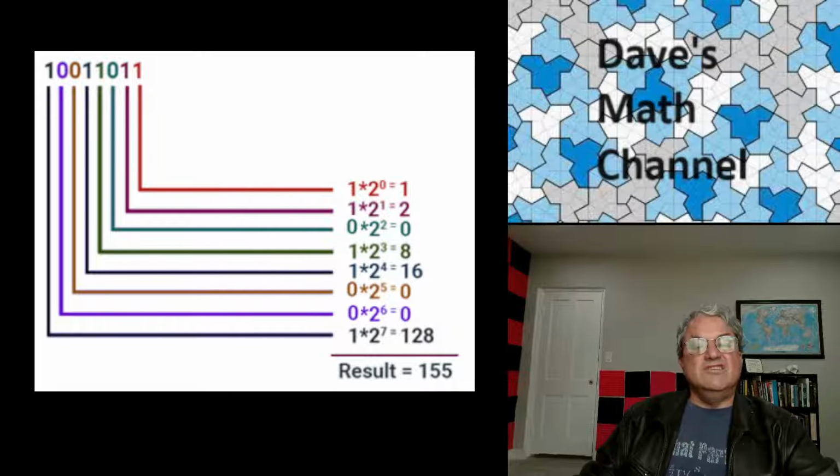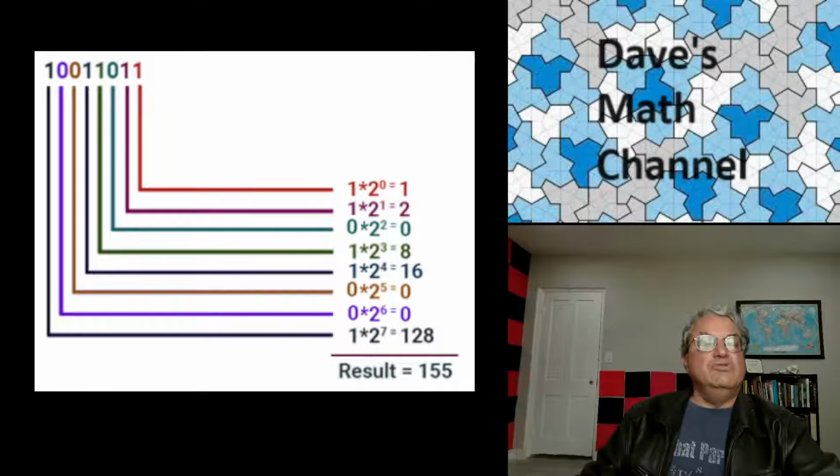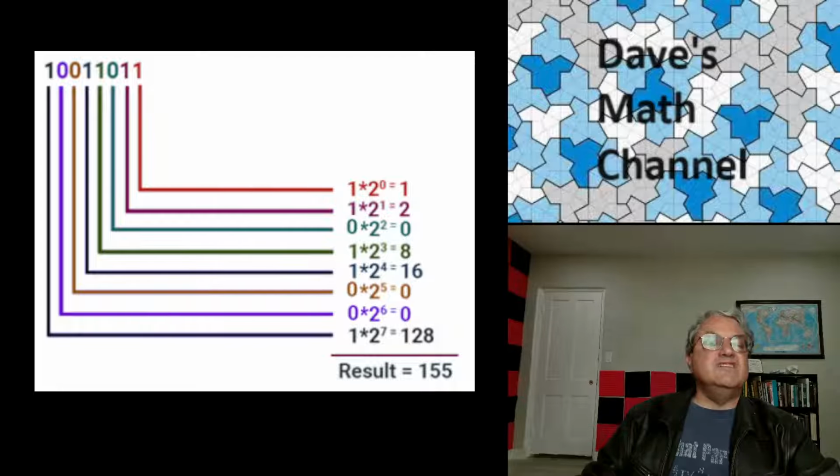But it's nice since, if we decided for whatever reason to think like a computer and work in binary, which we're doing here, you might want to know how to convert this binary number to decimal, 10011011. How do we do that? Well, the most straightforward way, the one that makes the most sense, is to just remember what this binary number means.